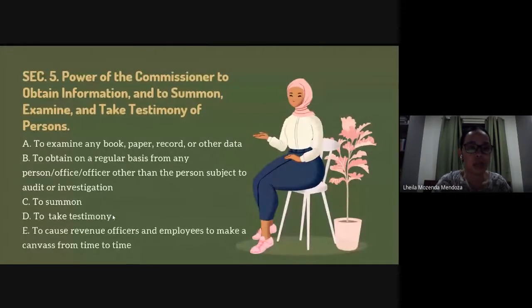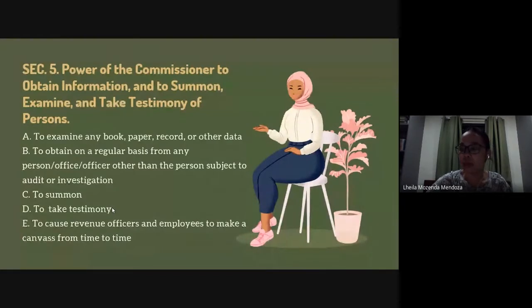Next is Section 5. It's the power of the Commissioner to obtain information and to summon, examine, and take testimony of persons. As we all know, it's the duty of the Commissioner or the BIR to ascertain the correctness of a tax return or to make a return if it has not been made, or to determine the liability of a taxpayer for any internal revenue tax, and of course its subsequent collection.